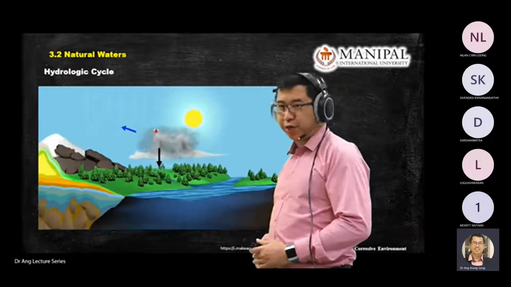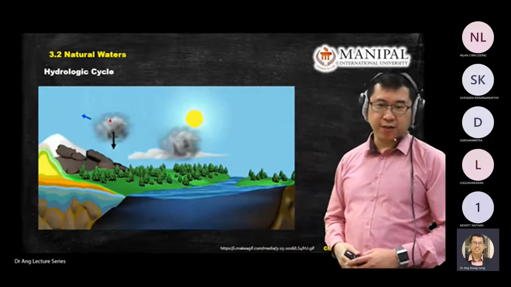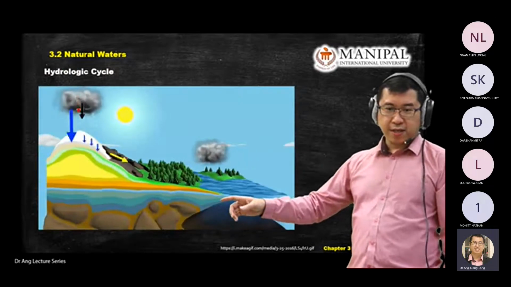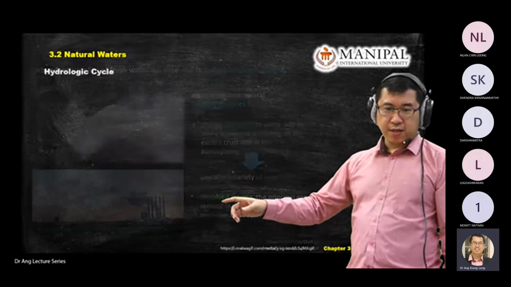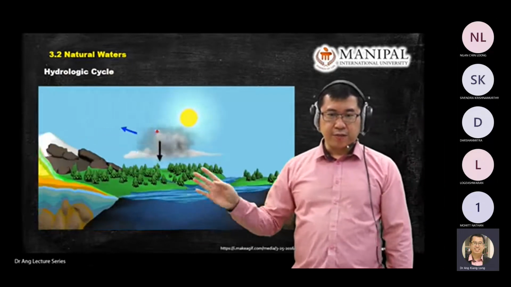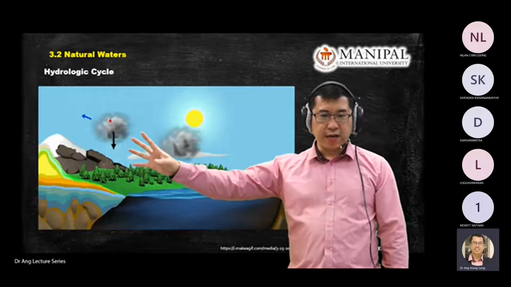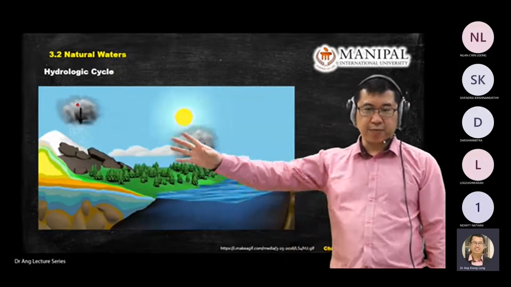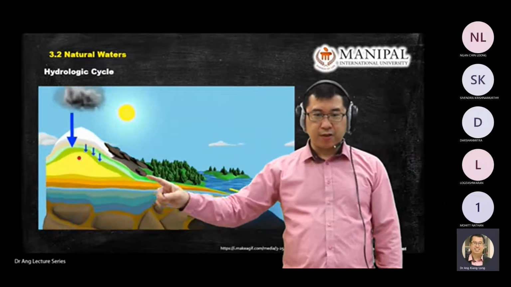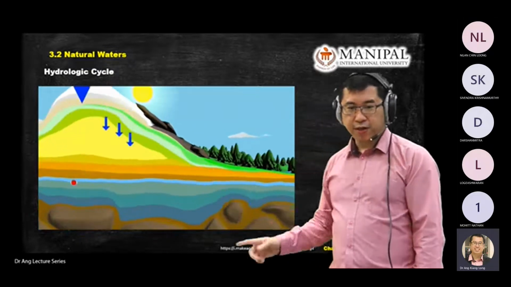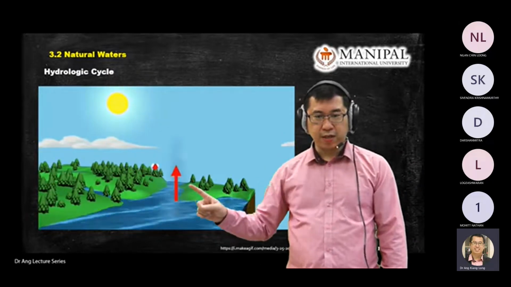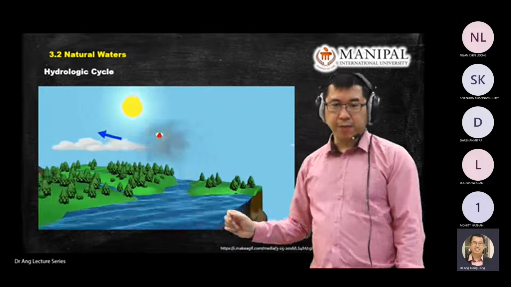Let's do some review on the hydrologic cycle, or the water cycle. You can see the evaporation from the river, then it goes up, changes phase, becomes rain, and then the rain comes down, goes into the soil, or into the river, then into the underwater, and the cycle keeps repeating.